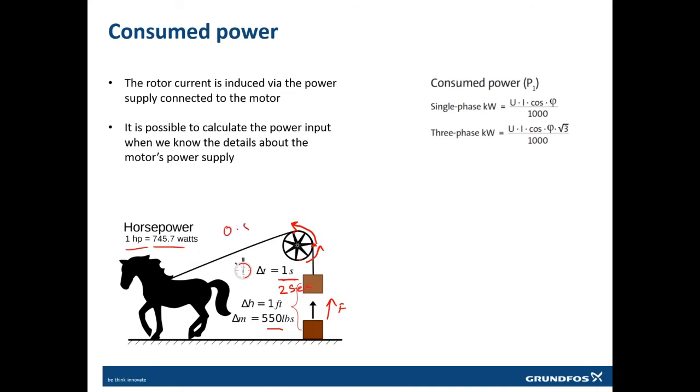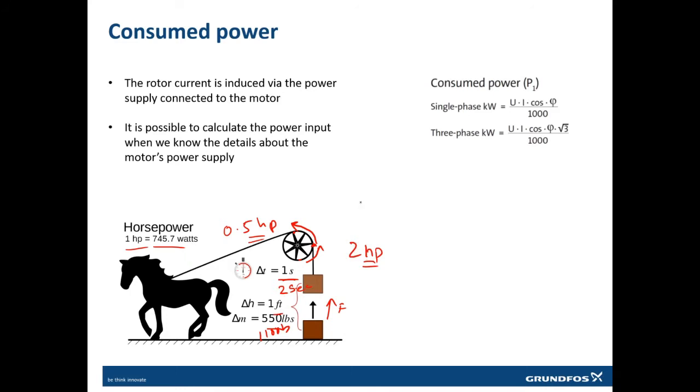No, this will be 0.5 horsepower, because it is taking double the time to do the same thing. But what if it takes 1100 pounds to 1 foot in 1 second? Now it is 2 horsepower. So this is how we derive how much power it is generating in the real world.